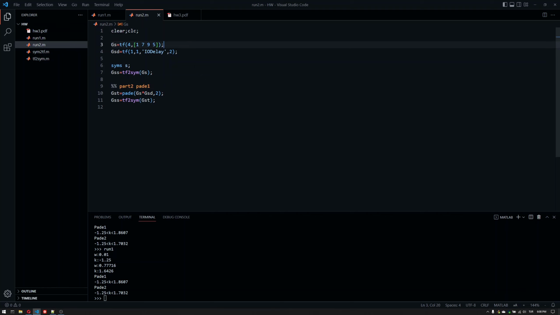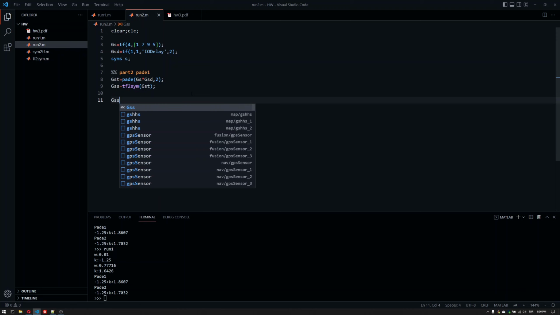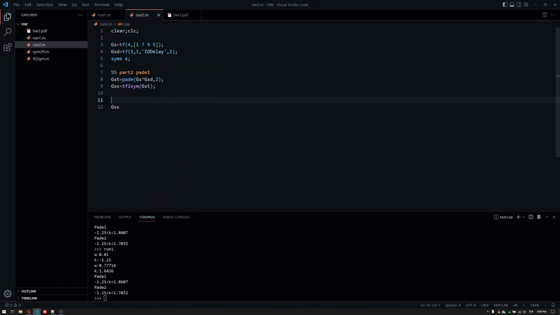So this is quite straightforward, but I'm going to quickly go through it. Now we have GS, GSD, we have this, and now what do we need? Well, since we're using the approximation, we have GST, so let me get rid of that. So GSS is going to be the system that we are going to use. Now we have our controller parameters KP and KI.